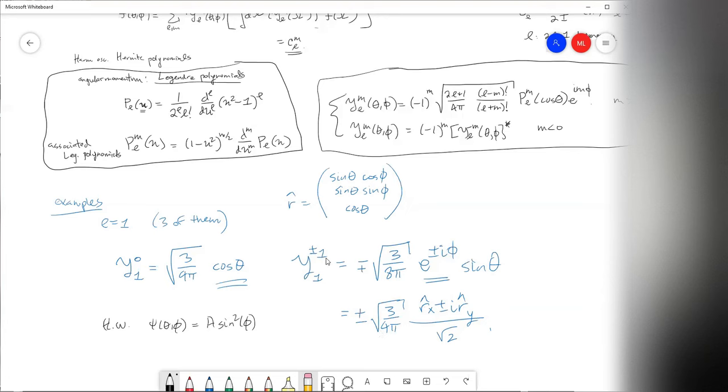Often you don't even care about the theta part. You just want to get it in terms of e to the plus or minus i m phi.